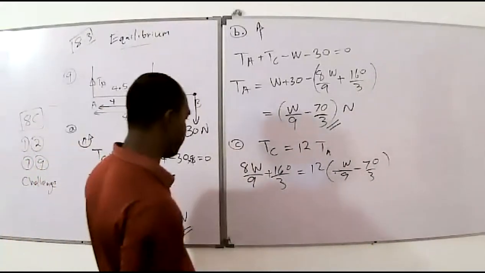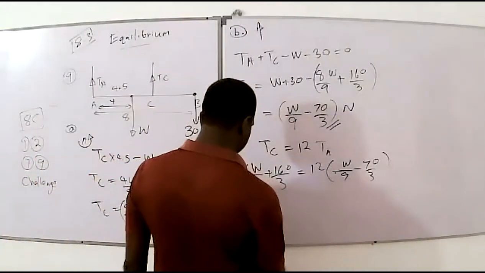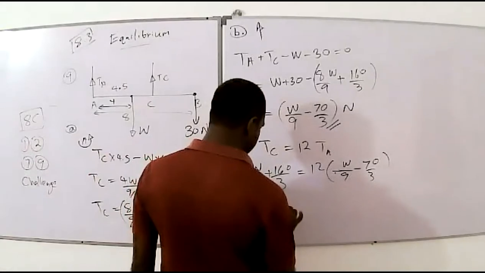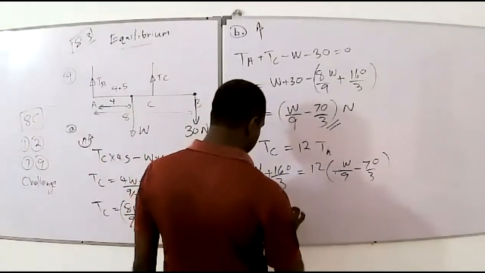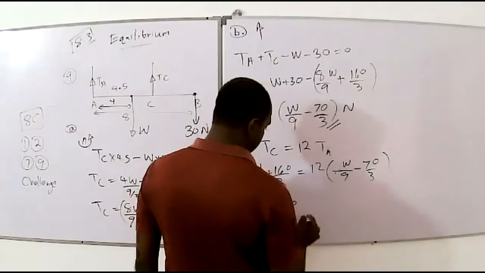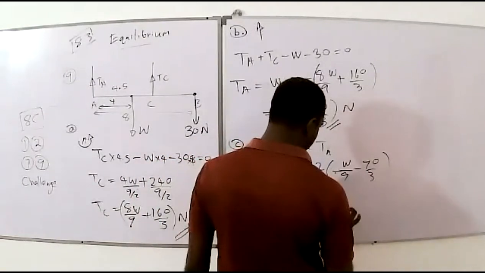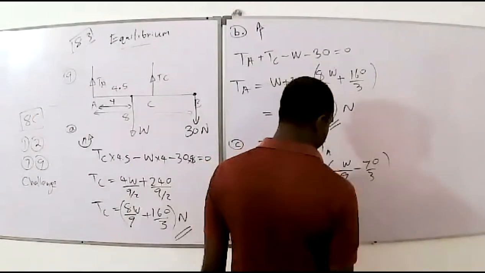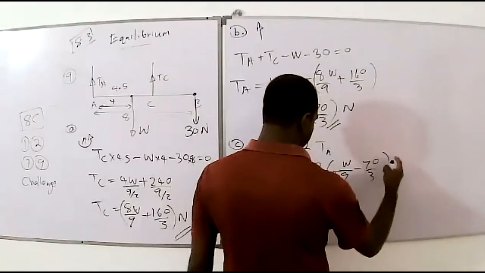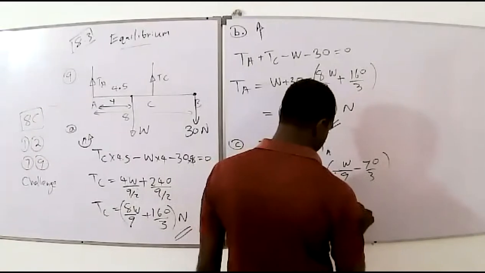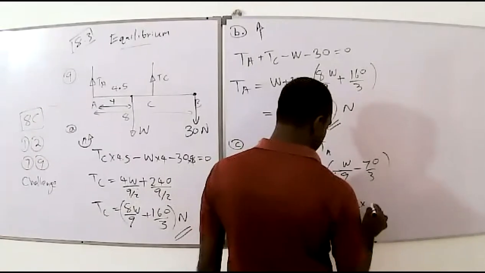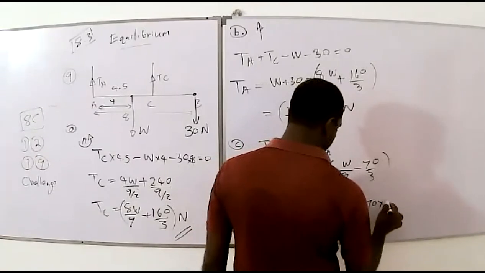If I multiply everything by 9, I get 8W here, and here 480, equals 12W and 12 into 70 into 3.